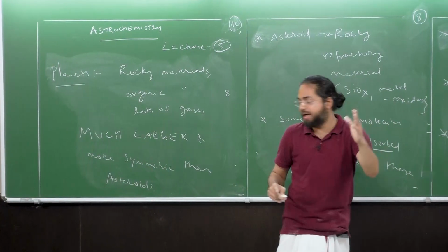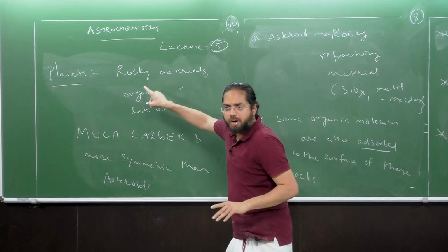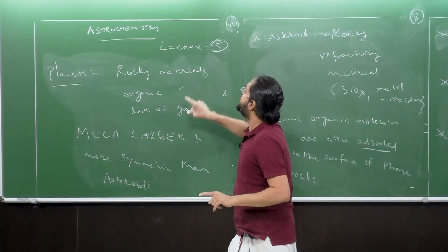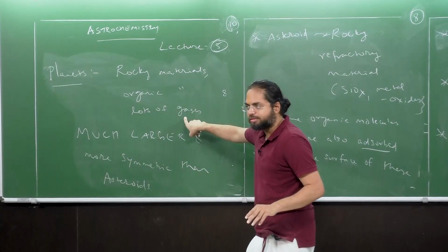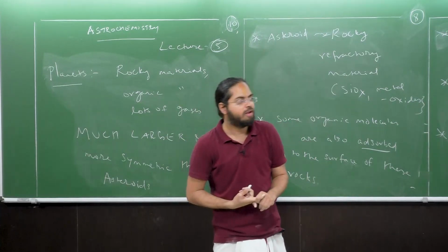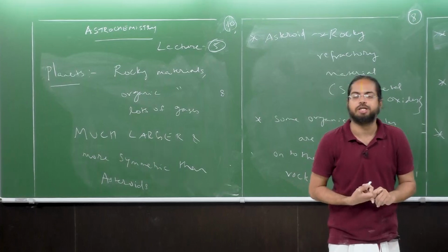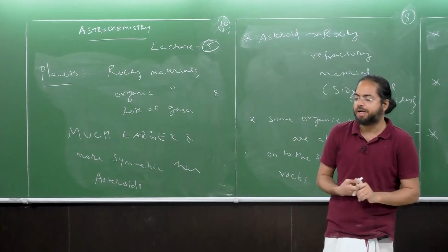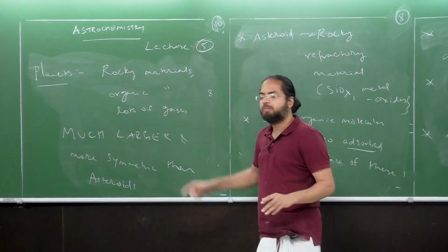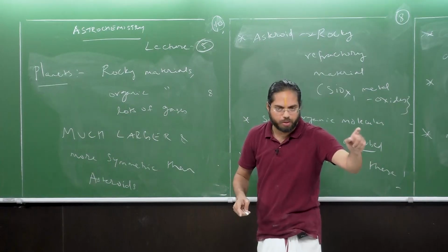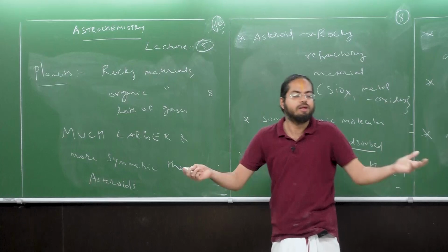And if you notice, I intentionally mentioned rocky materials, organic molecules and materials, and lots of gases. But what about liquid water? Liquid water is something very special to our Earth. In the case of Earth, there is also liquid water, but it is very unique and special to our Earth, which makes us all live on Earth.